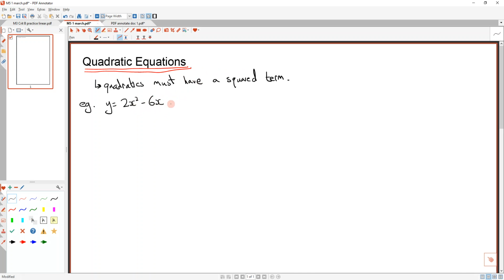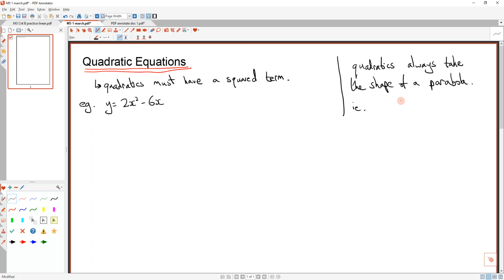Yes? Now, what does the shape of this look like? If I was to draw it, what is it going to look like? Okay, parabola. Quadratics always take the shape of a parabola. That's all very well, but what does a parabola look like?